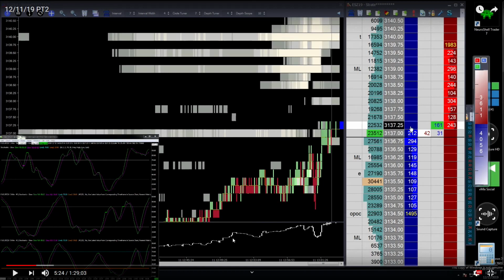Okay, so we have 212 steps up. 212 bid steps up into the pinch zone at 3137 even, creating a dual layer of big bids.